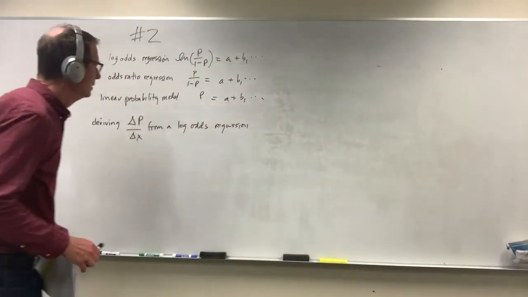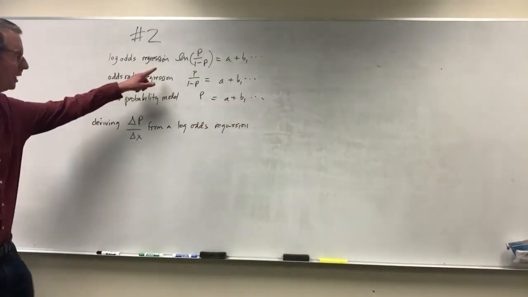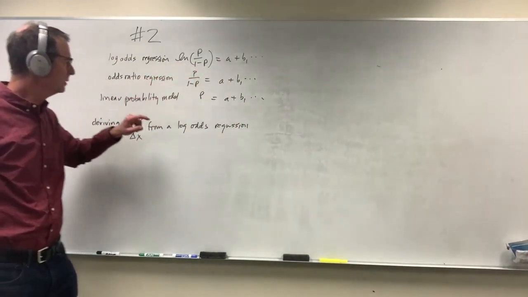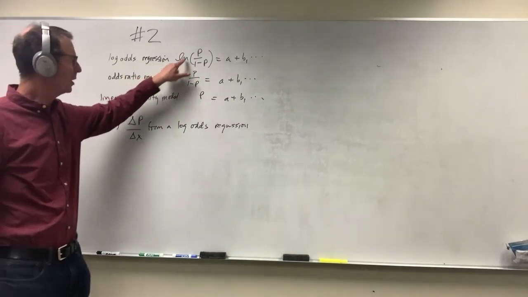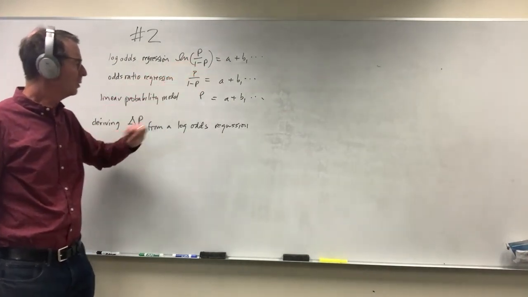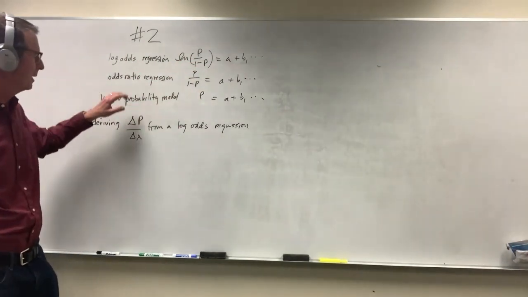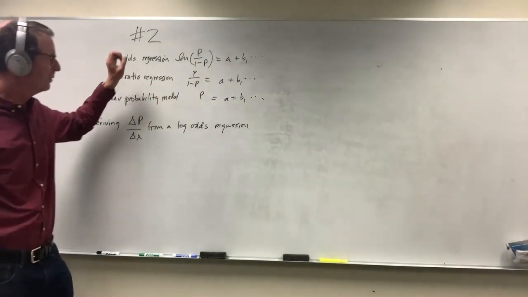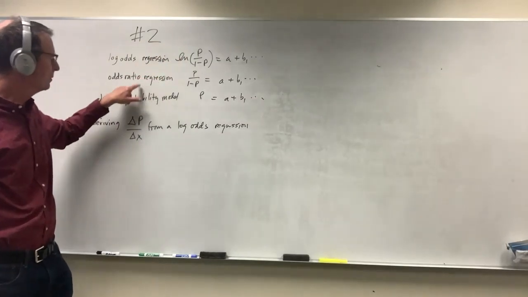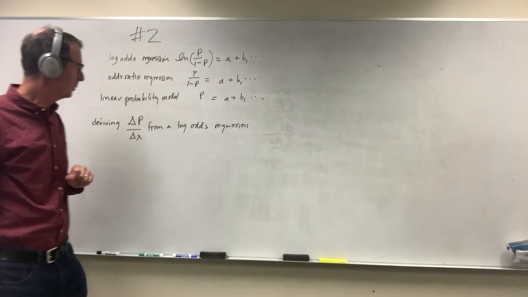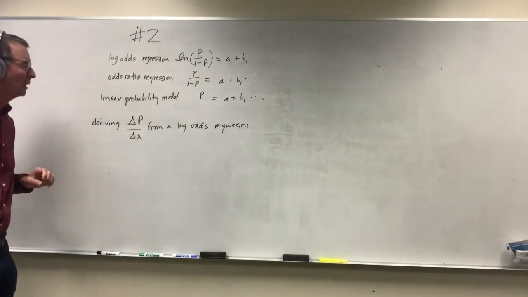If you exponentiate both sides of this regression, you get e to the log p over 1 minus p. So this b1 isn't the same as this b1. I want to make sure people understand that. The form of it is not the log of the odds, but rather the odds ratio itself is a function of some set of variables.